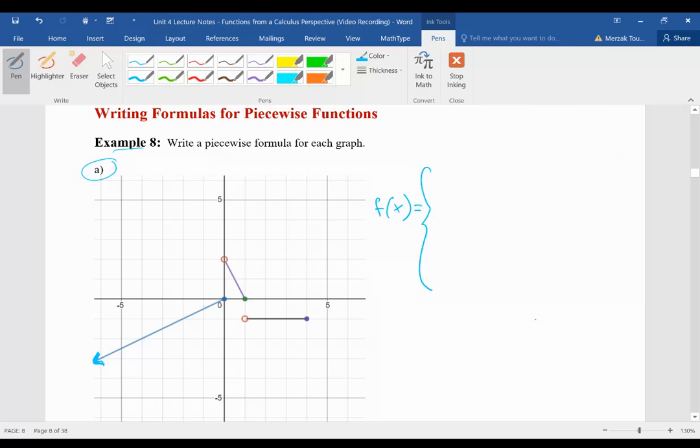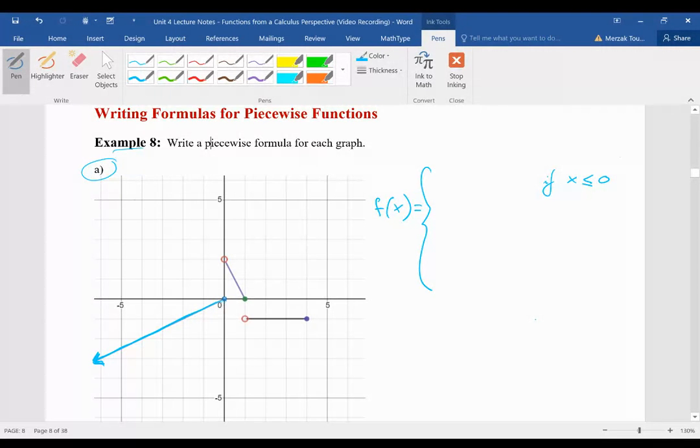Now let's start with the blue segment, this segment over here. The best way to write a formula for a piecewise function is if you first write a condition. So the condition says, if x is smaller than or equal to 0, because the 0 here is included, there's a closed circle in there.